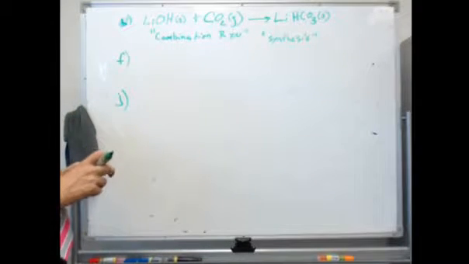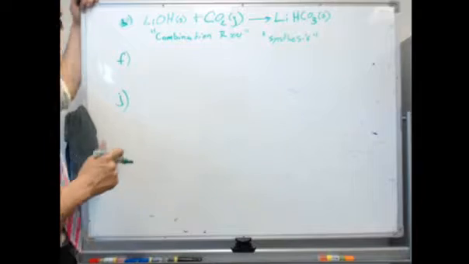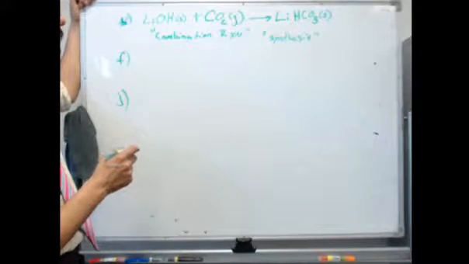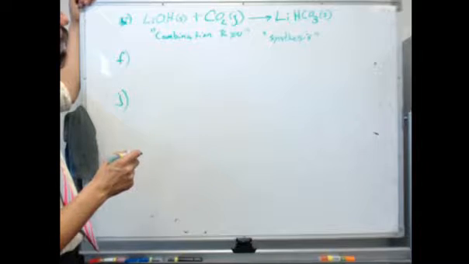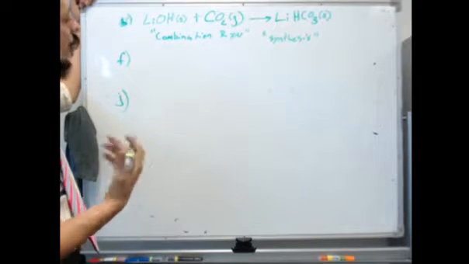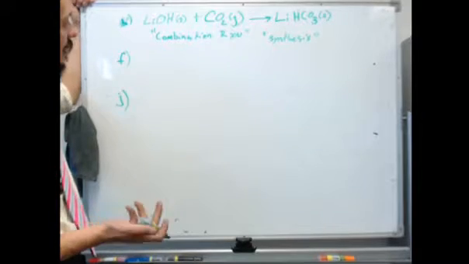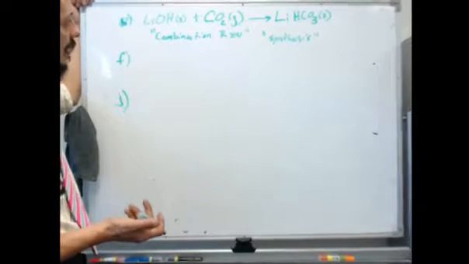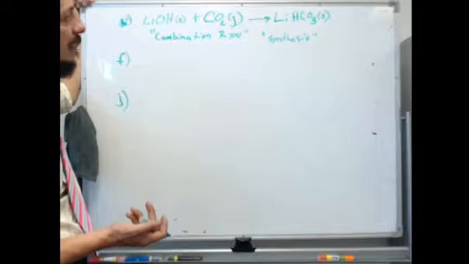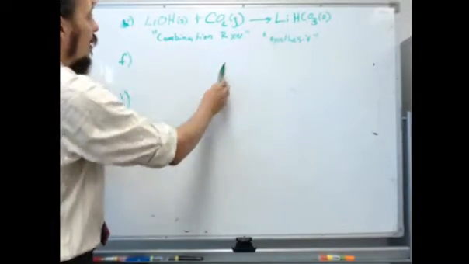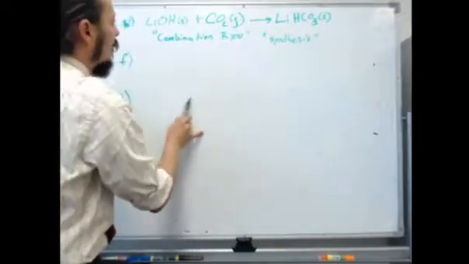If we look at this in terms of a chemical reaction, it's not quite a precipitation reaction, because it's solid to solid. And I don't think it's a redox reaction. My lithium's +1, my lithium's +1, my hydrogen's +1, my hydrogen's +1.